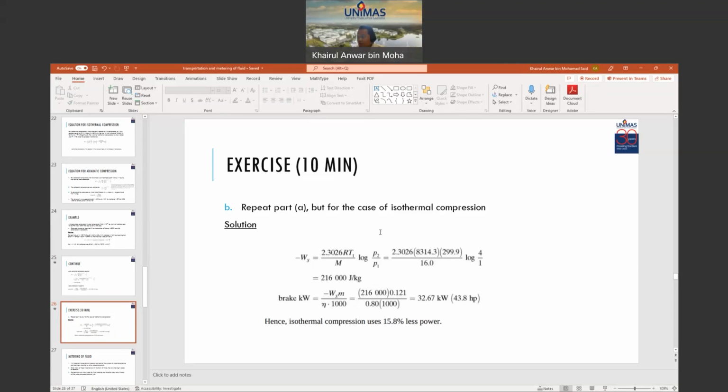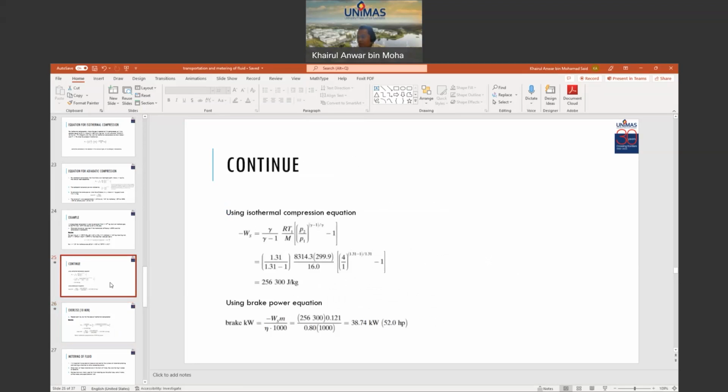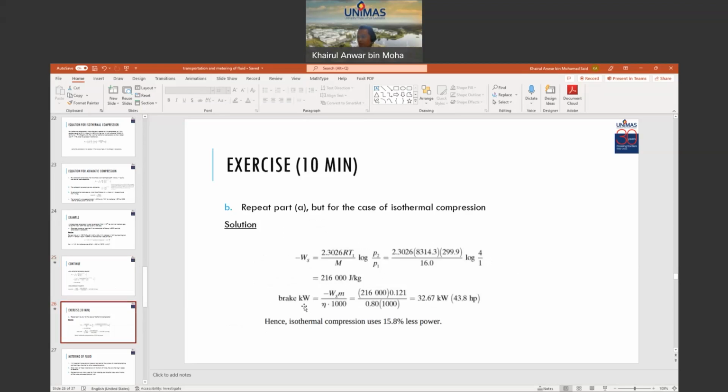The values are exactly the same, and we get slightly lower, 216,000 joule per kilogram, compared to 256,300 here. So the brake power is 32.67 kilowatt or 43.8 HP. Isothermal compression uses 15.8% less power.